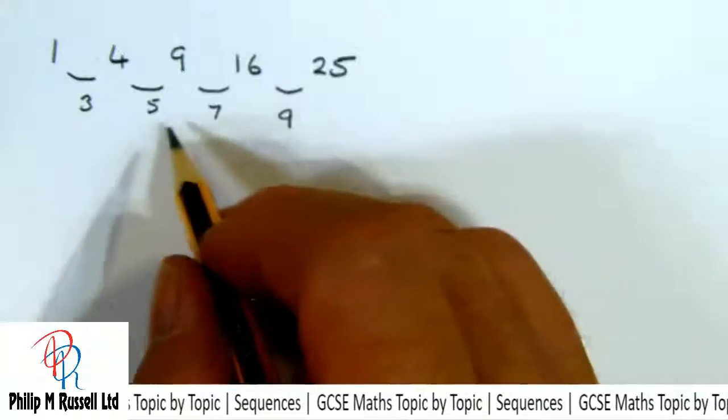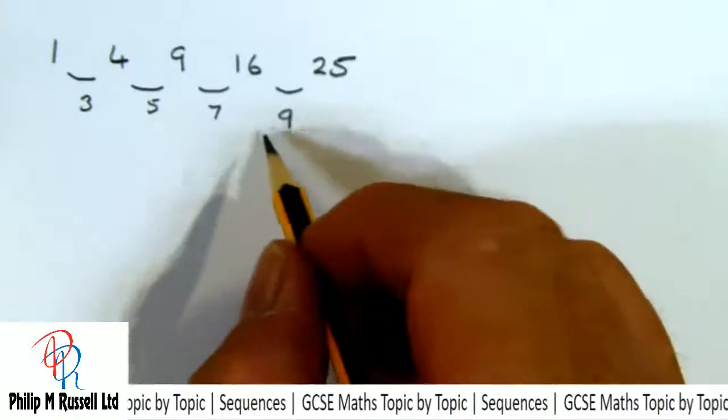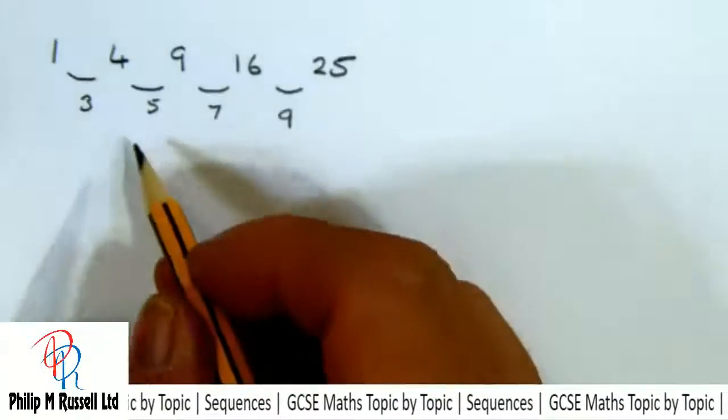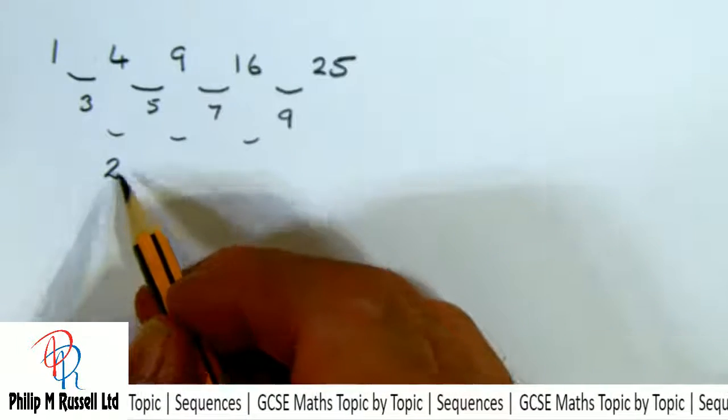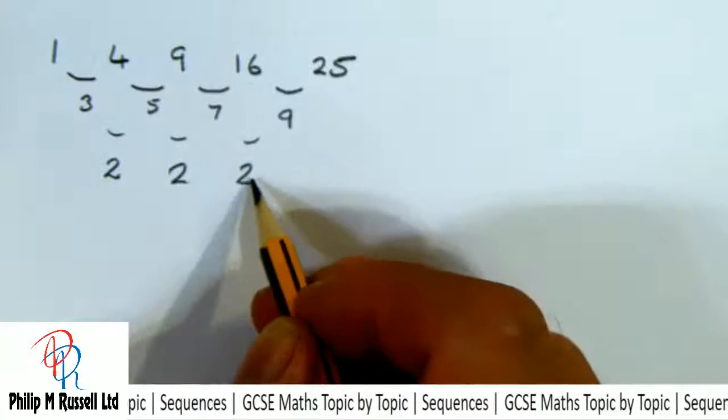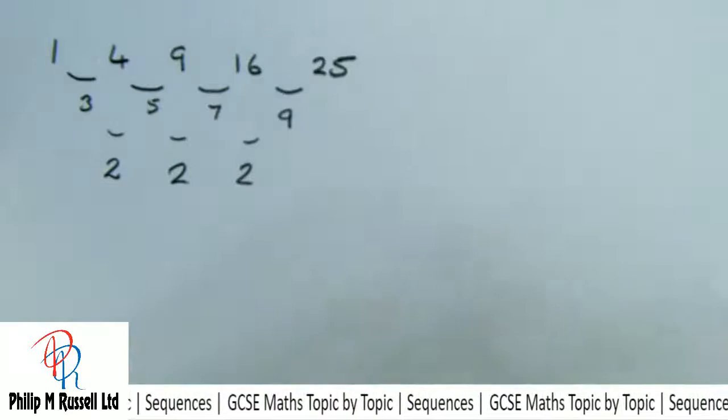So we have got a sequence, and this is a very special sequence because we can see, if we do this one again, that it has now a common difference of 2 the second time.